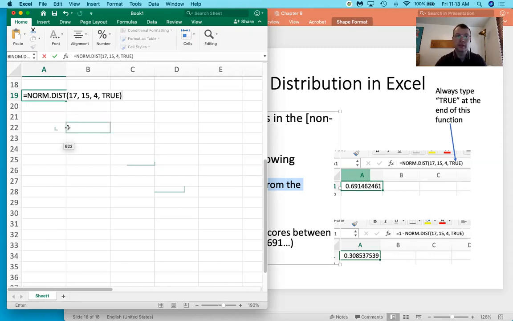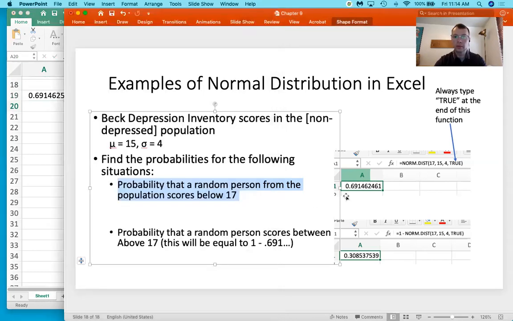So if I type in those 4 things, x, mu, sigma, and true to give me the cumulative, I get the probability, which you see over here, 0.6914 and change. That's a 69% chance, or the percentile of a 17 on the Beck depression inventory is 69.15. Your person's in the 69th percentile.